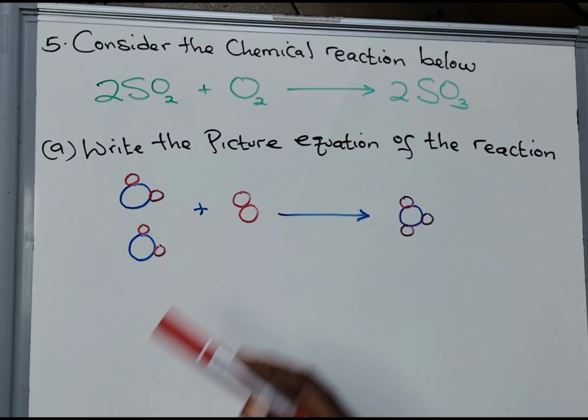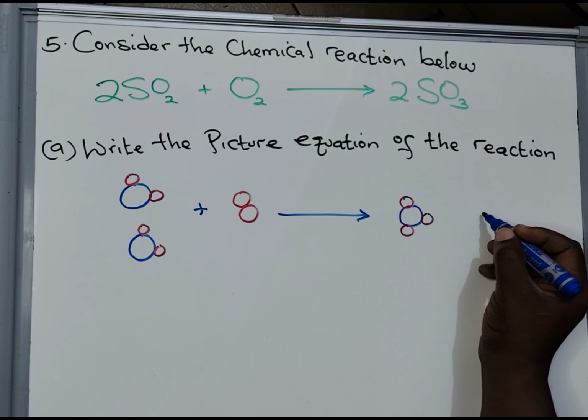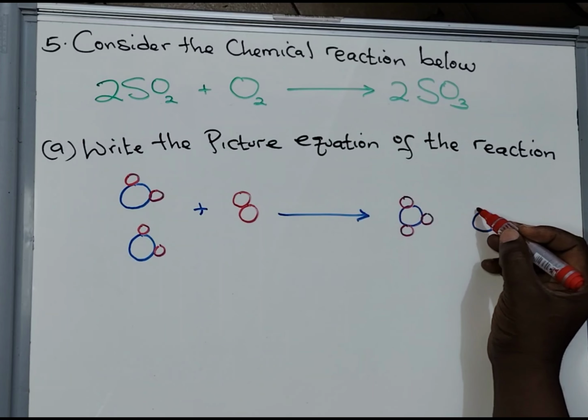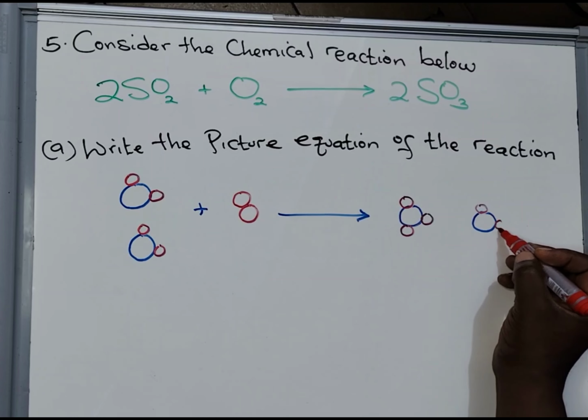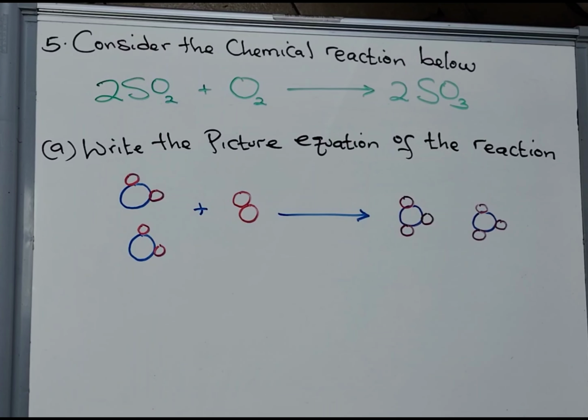That's what this coefficient means. So what do we do under that circumstance? We have another molecule. And we must not forget our 3 attachments. So there we are. So what we have here is the picture equation of the reaction above.